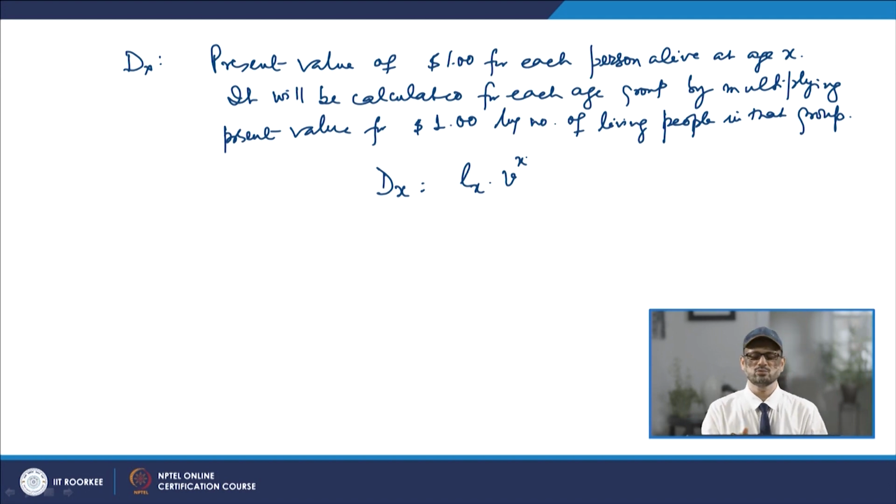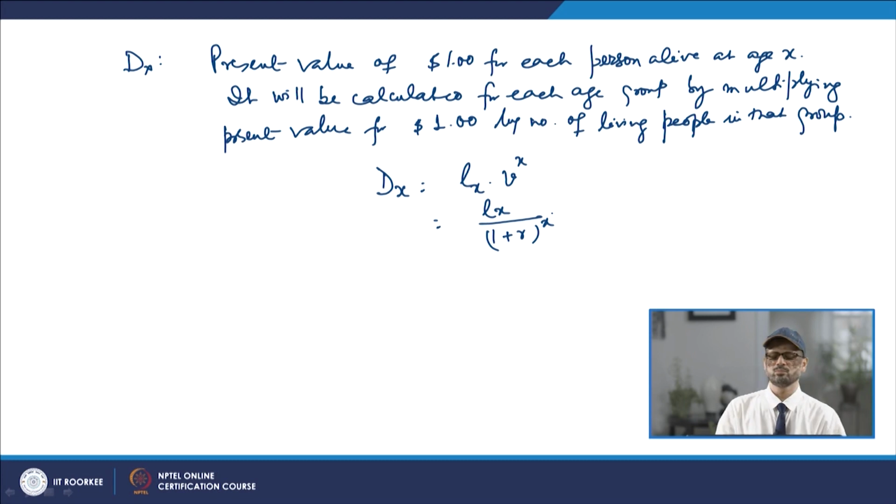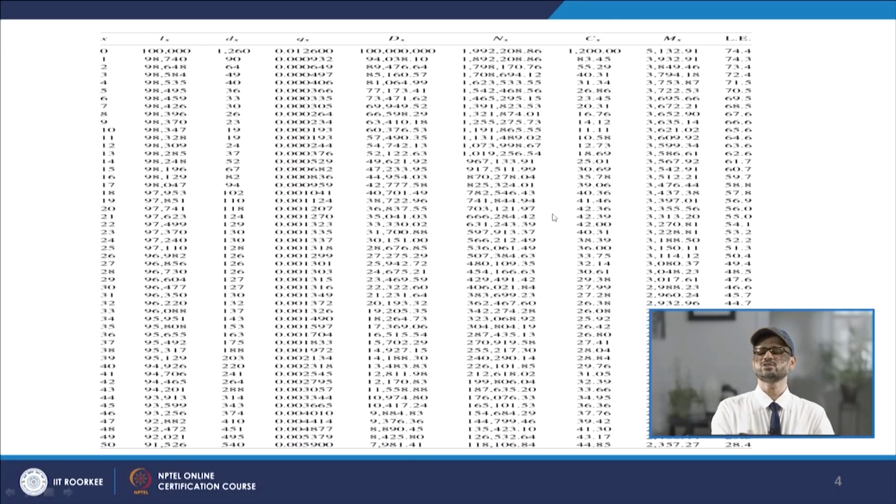You can also write it as Lx into 1 by (1 plus r) raised to the power x. If we refer to that table, you require a certain value of r, and our table is based on a 5% interest rate.